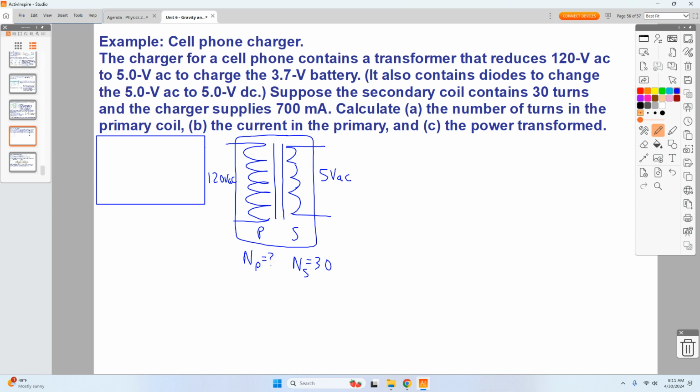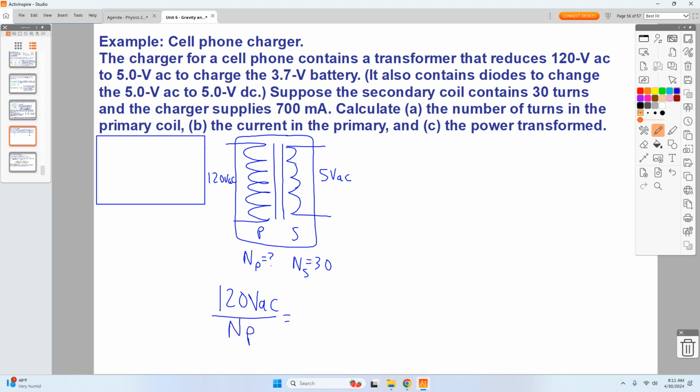Now, instead of having to memorize those equations, just realize that the voltage is in the same ratio as the turns. So let's just set up a simple proportion. I might say 120 volts AC is to N on the primary side.